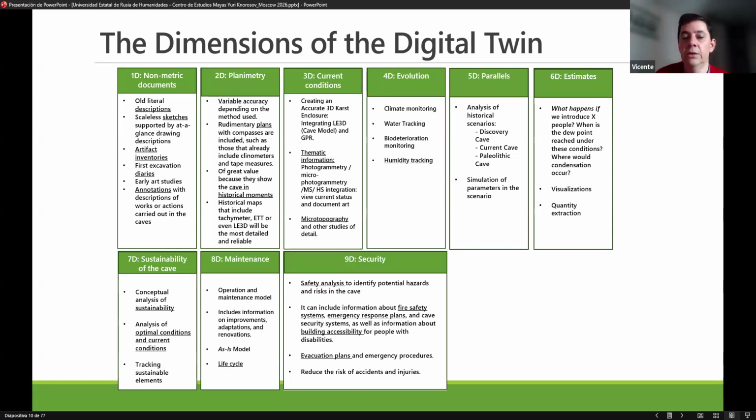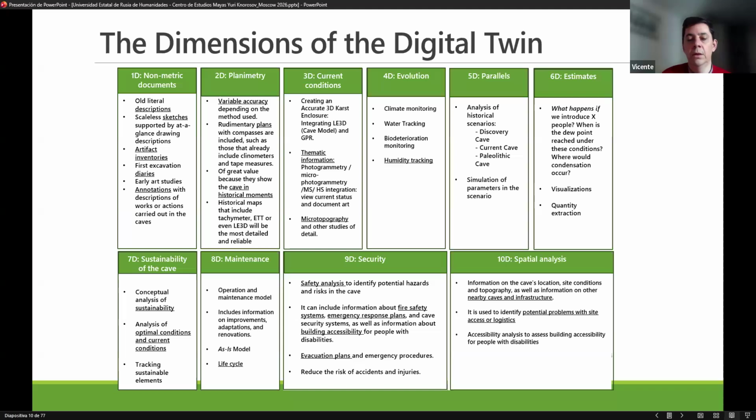The ninth dimension is security and all the safety analysis, emergency response plans, fire safety, all the evacuation plans. It is exclusively about security. And the last dimension is the relation of the cave with the environment and all the surrounding places, now and in the past. So these are the boxes we use to store all data from the cave.